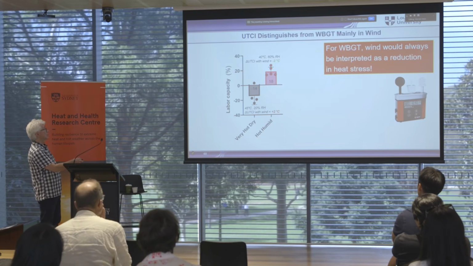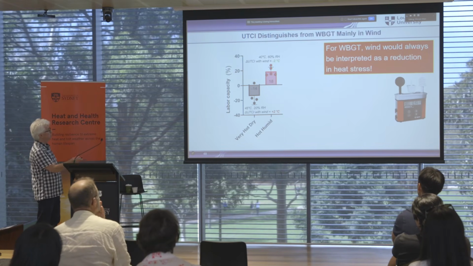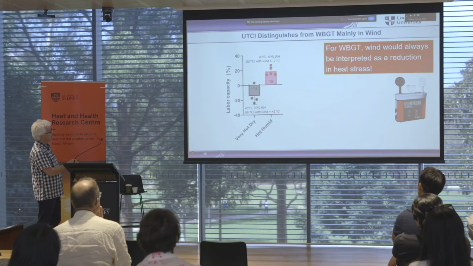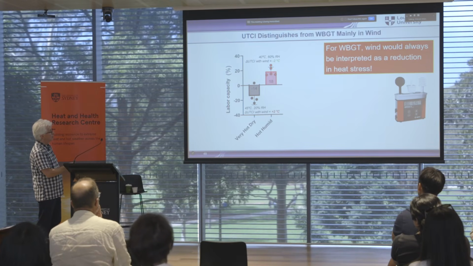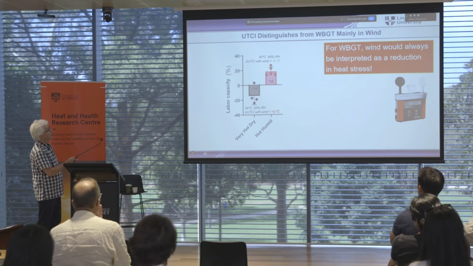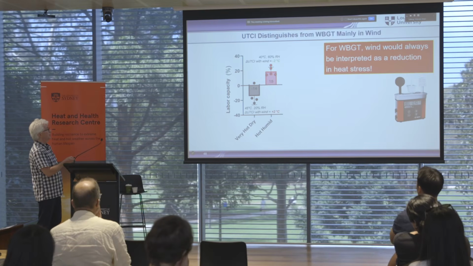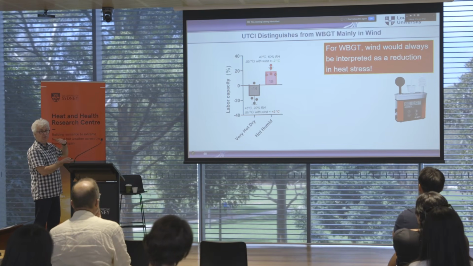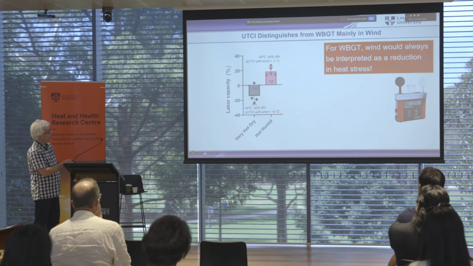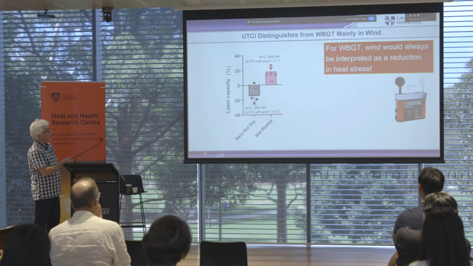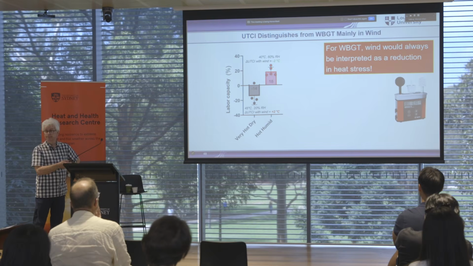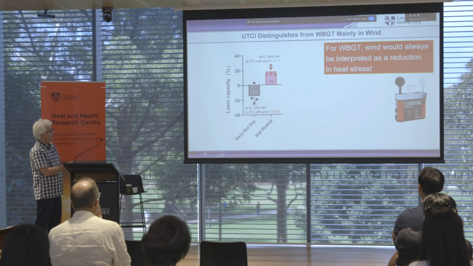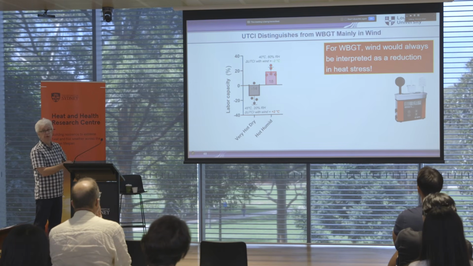So here in this slide you have labor capacity change, and just two examples that we looked at: very hot dry and hot humid. What we see here is the labor capacity in the very hot dry case, when we switched on the wind, so this is the difference between no wind and wind. When we switched on wind, it dropped by a further 14%, and the UTCI went up by 2 degrees Celsius.